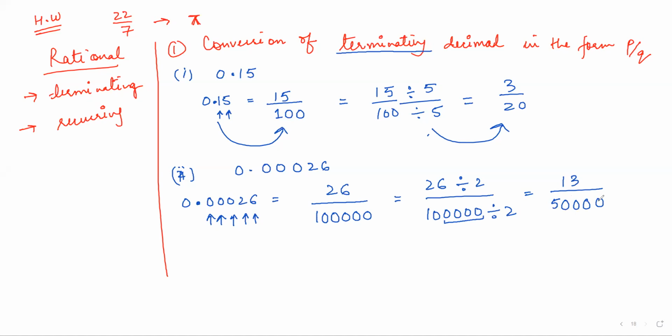No, because 13 is a prime number and this is the simplest form, right? So you have seen how to convert a terminating decimal in the form of P by Q. This is simple. Just remove the decimal and bring it to the simplest form. That's it.